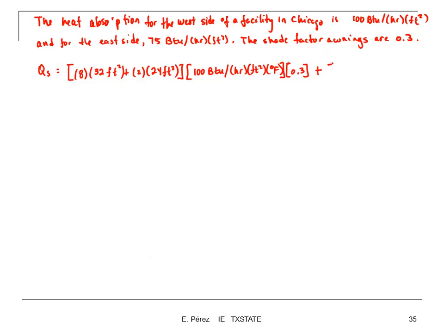For the other side, we have 8 times 32 feet squared plus 2 times 24 feet squared, times 75 BTUs per hour feet squared, times 0.3.